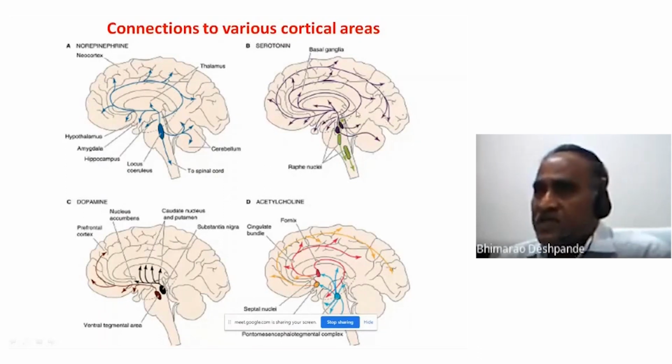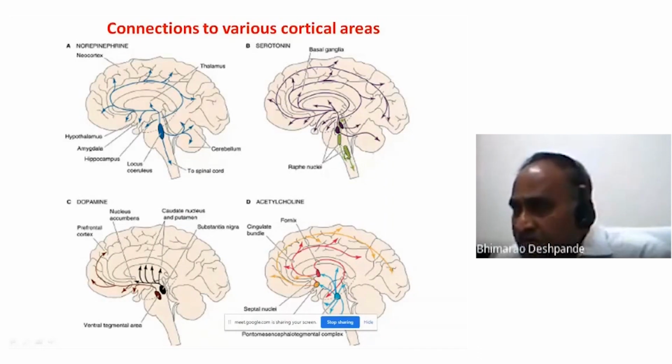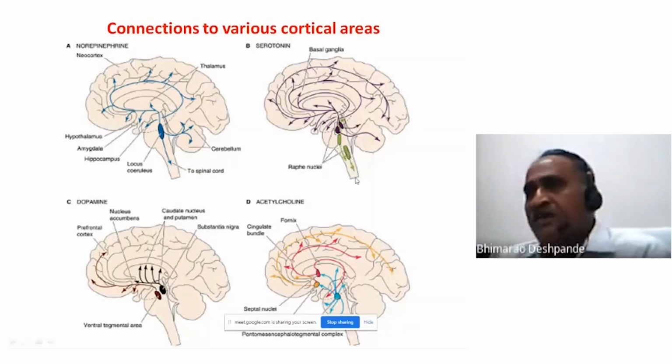This is the cingulate, and this is the caudate nucleus. So these project onto the basal ganglia, the limbic system, and the neocortex. That is the raphe nucleus. And descending down, you can see the descending fibers go to the gate theory.